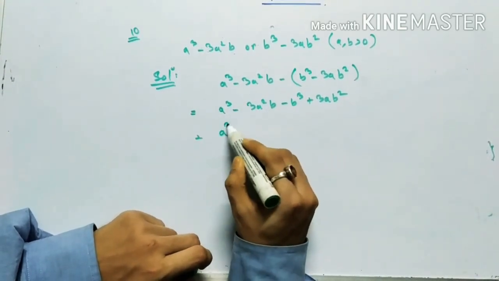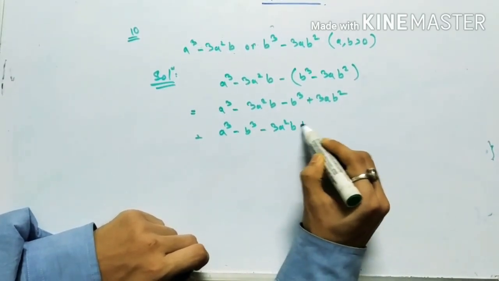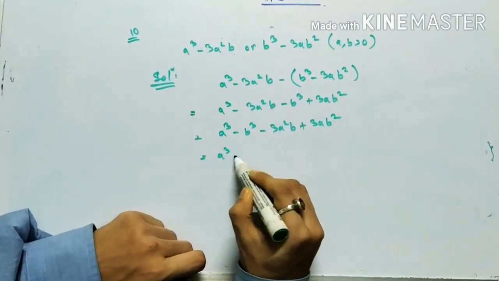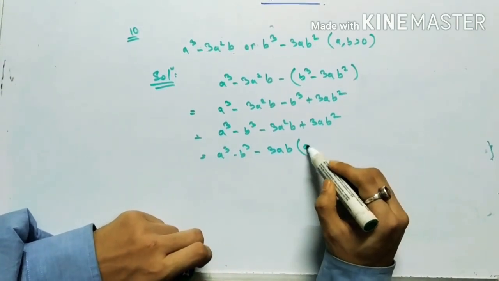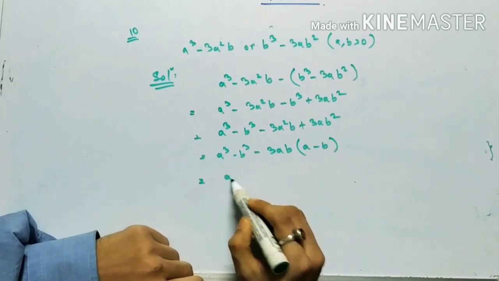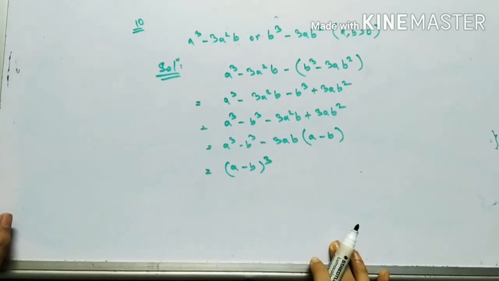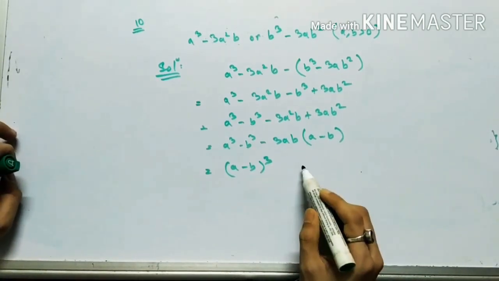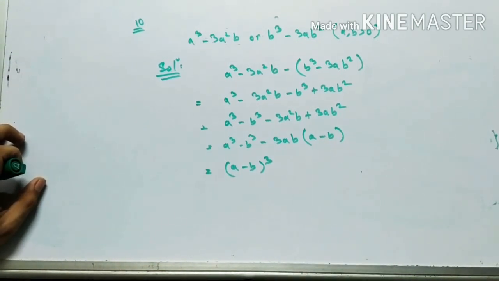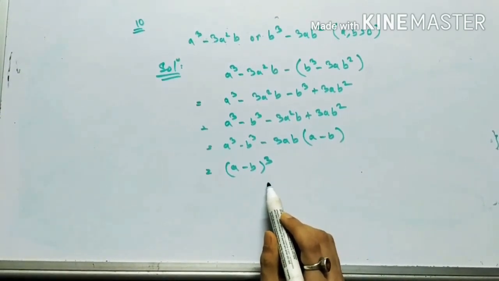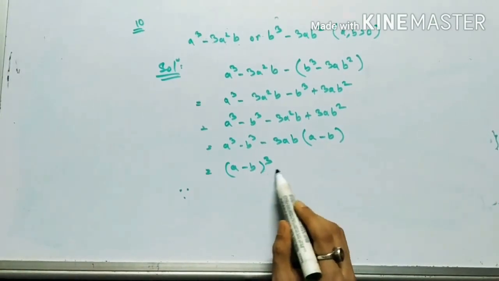This one, a cube minus b cube minus 3a square b plus 3ab square. A cube minus b cube minus 3ab, if I take common, then I will get a minus b, and this is the formula of a minus b the whole cube. Now is this greater than 0 or not?